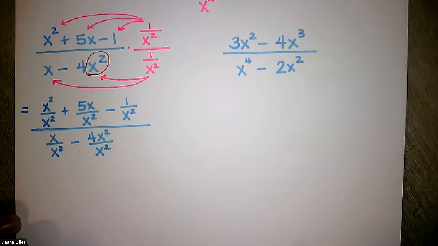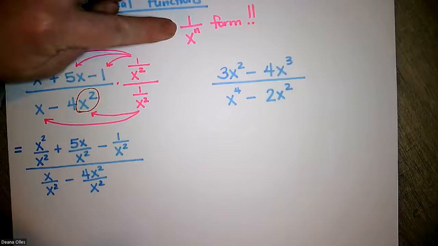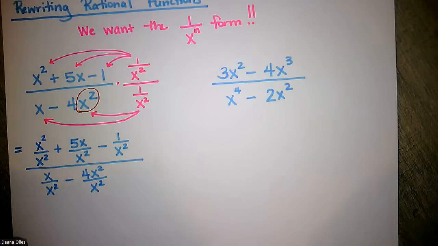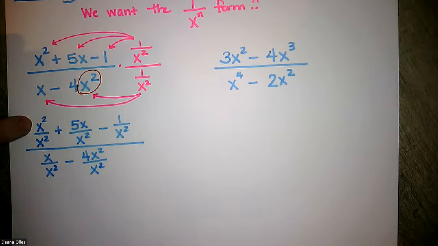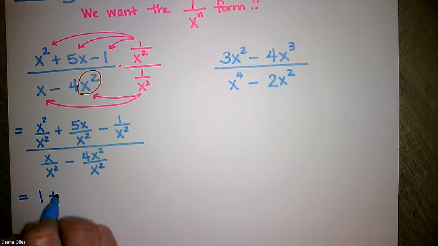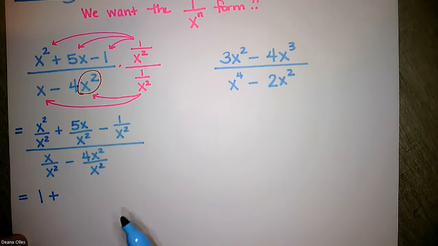All right, so each of these rational functions, again, we're trying to get this form to show up in all of our terms, or at least most of our terms. Okay, if I take x squared and divide it by x squared, that is equal to 1 for x not equal to 0, but I'll be able to still use that same domain. All right, because when you see the final result, you'll see that x can't be 0 in a number of these terms.